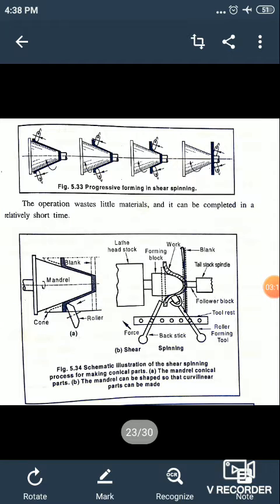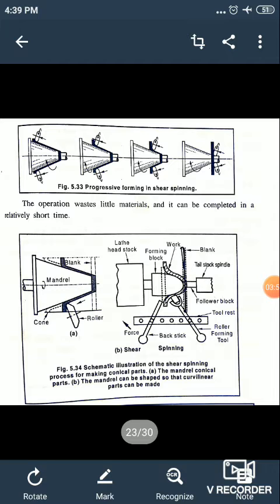Okay, here we can see a shear spinning operation. In the figure, the shear spinning operation is clearly explained. A blank is placed above the spinning material, and the tools or rollers are used to stretch the blank on the outer side of the mandrel.